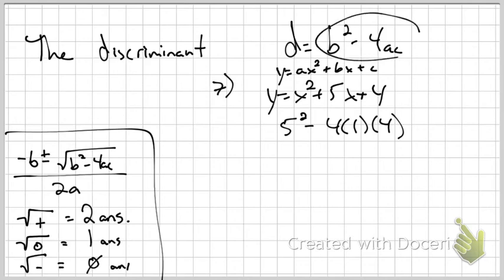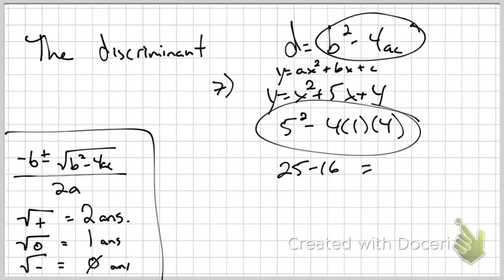So the discriminant, b squared minus 4 times a times c, is 5 squared minus 16, or 25 minus 16, which equals 9. So a positive number has how many solutions? Because if I were to take the square root of that positive number, there's 2 answers.